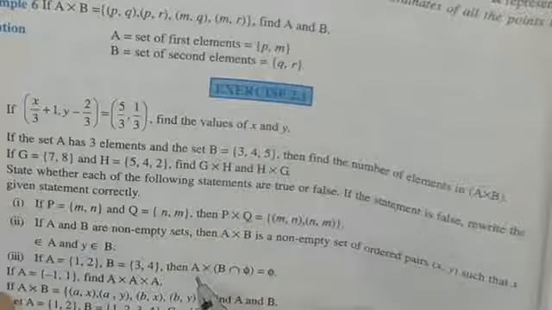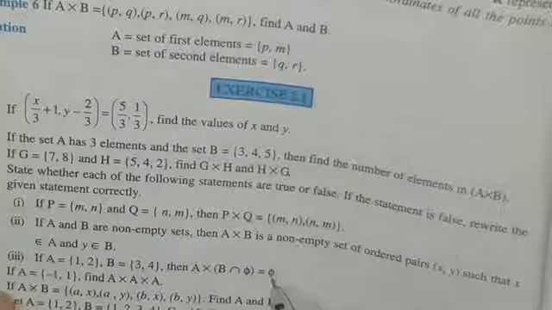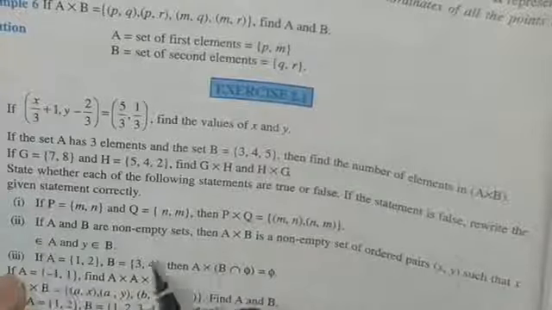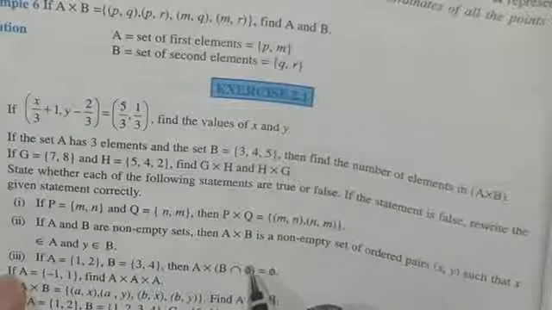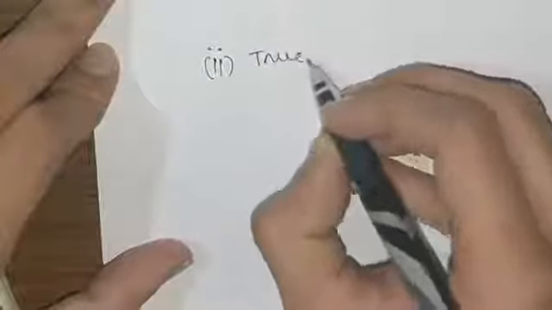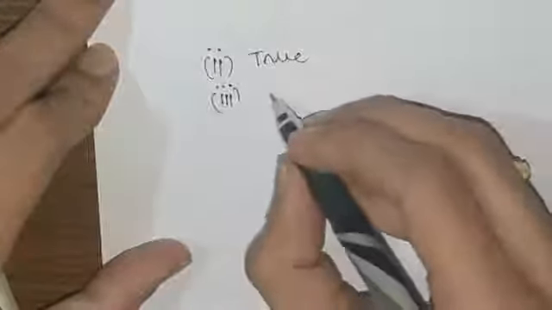The cross product of any set with an empty set is equal to empty set. So this statement is true. So the second statement is true, third statement is also true.